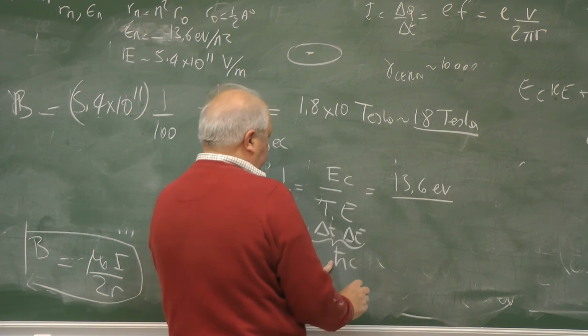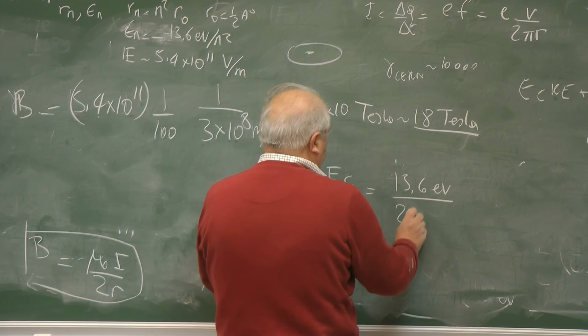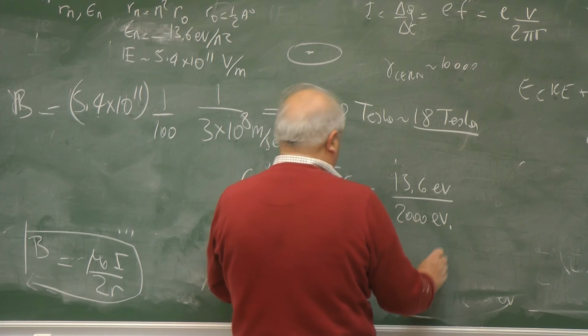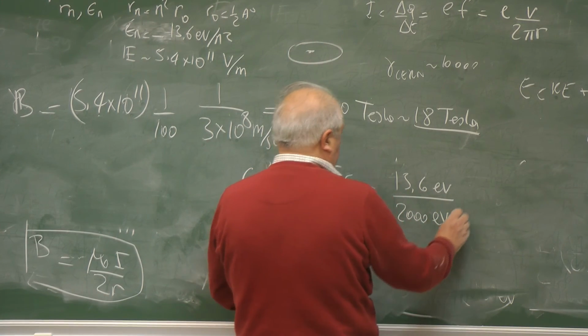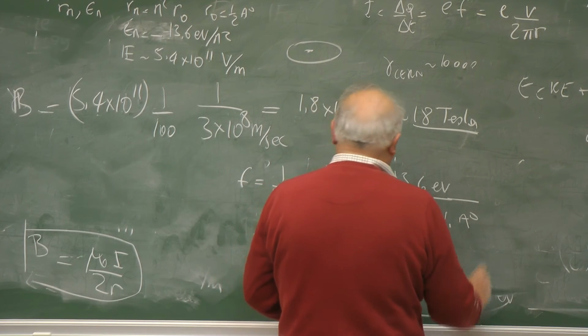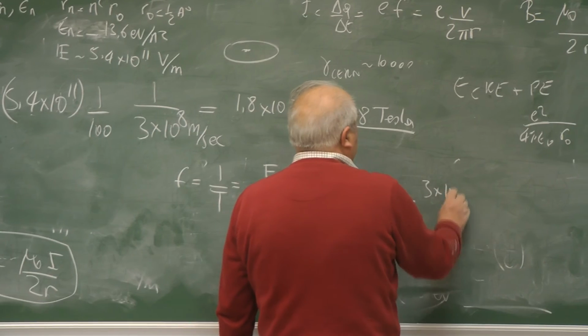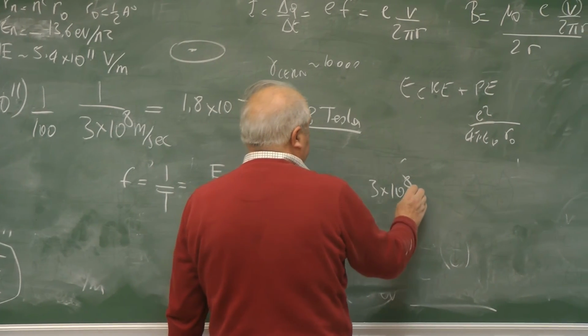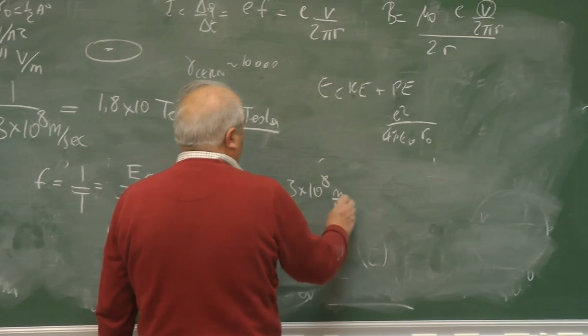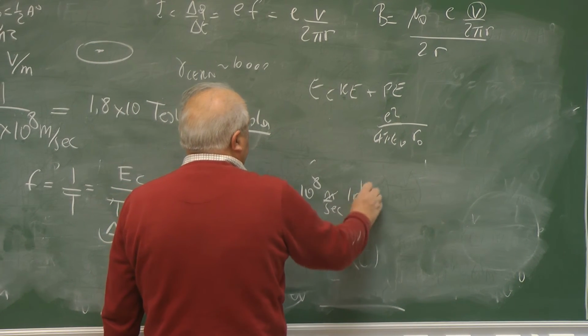H bar C is 2000 electron volt angstrom, and C is 3 times 10 to the 8 meters per second, and 1 meter is 10 to the 10 angstroms.